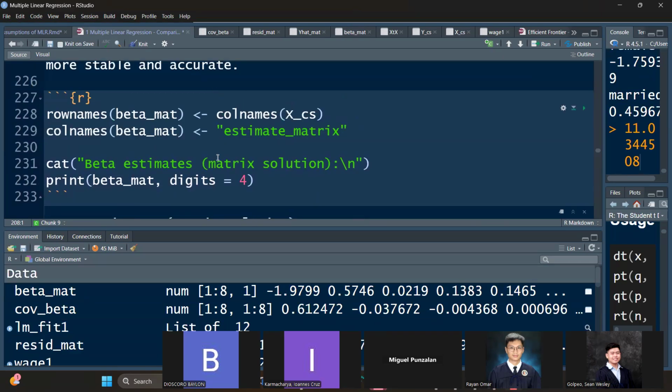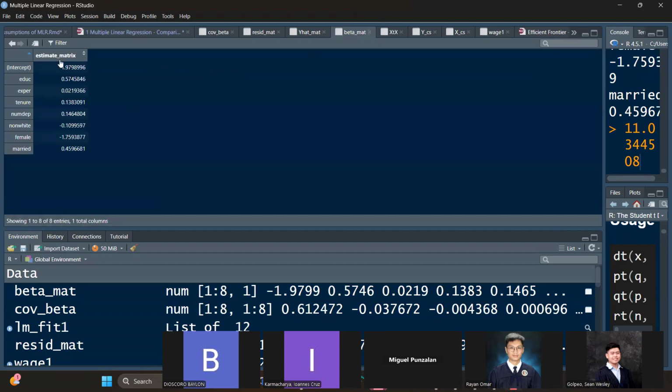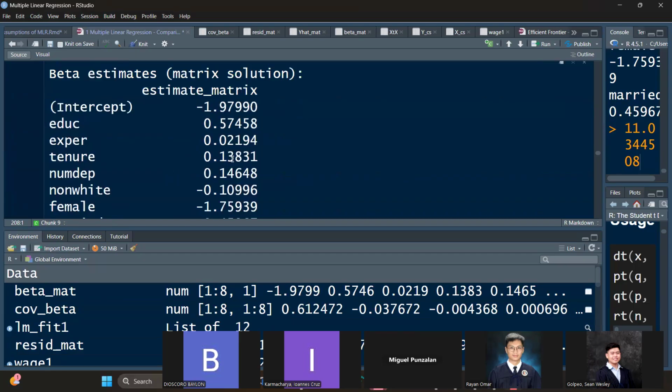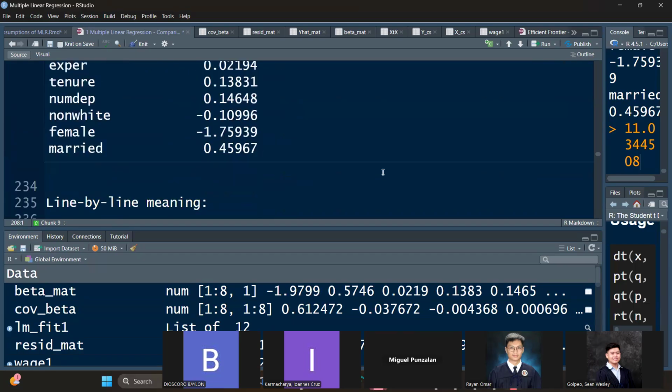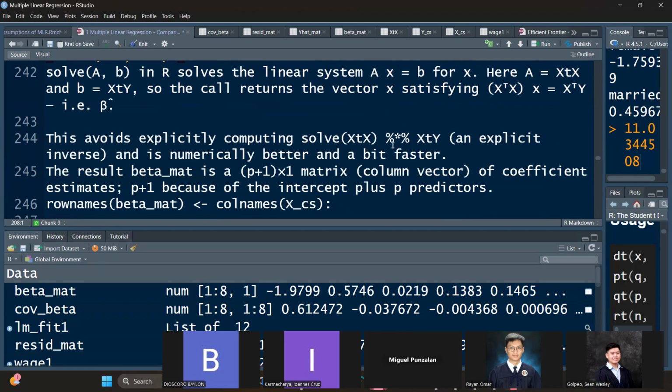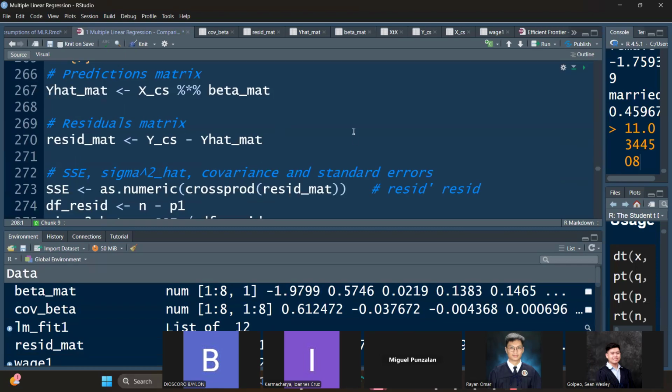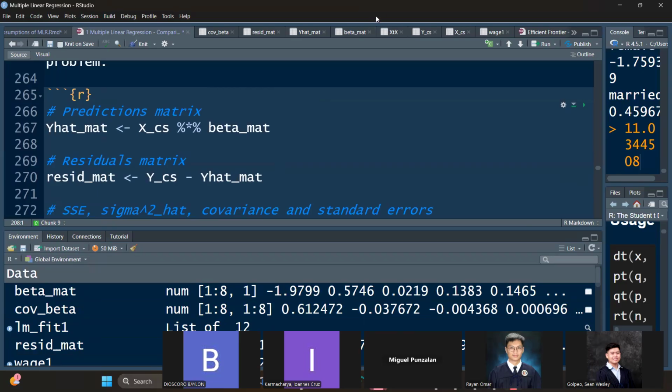We changed the column name of V1; we just made it the estimate matrix. This is the printout of our beta mat. Here I just explained how this was done. All right. Now we go to the prediction matrix.